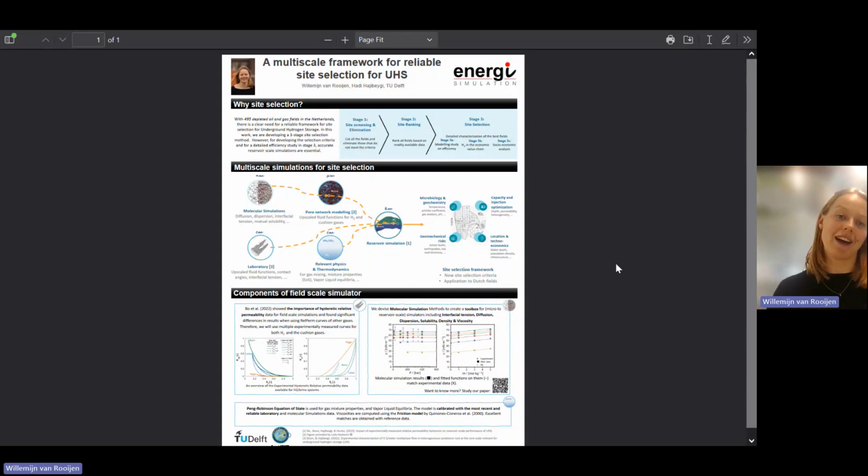And for that, a very likely solution will be storing it in depleted oil and gas fields. But the problem is there are so many oil and gas fields. In the Netherlands, we already have almost 500 depleted oil and gas fields. So to solve this, we are working on a multiscale framework for reliable and efficient site selection for underground hydrogen storage.